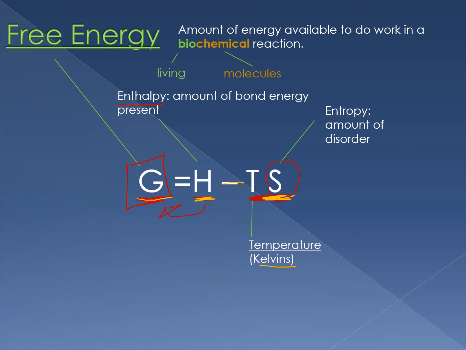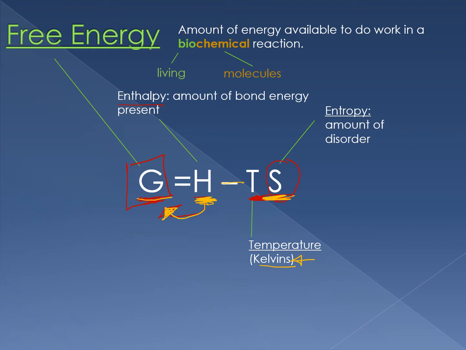So it's got to be in kelvins. Kelvins is a really irritating one, but we don't really need to get into it, because we're not going to be doing a bunch of math with it. Okay, so bond energy, we should be able to use it as free energy. Let's just use it to get work done in the cell, except not even close.